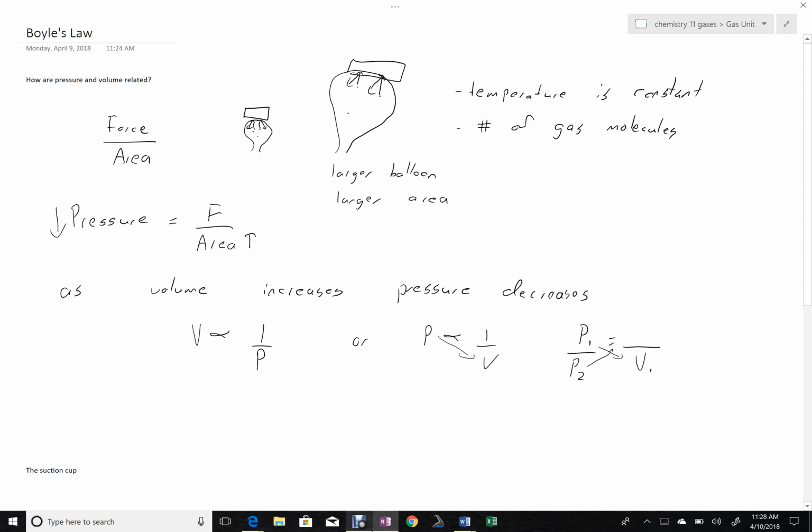Similarly, if this pressure is on the bottom, I put the volume up here when creating a ratio. This ratio can also be written P1 V1 is equal to P2 V2 by bringing the denominators up to the other side.